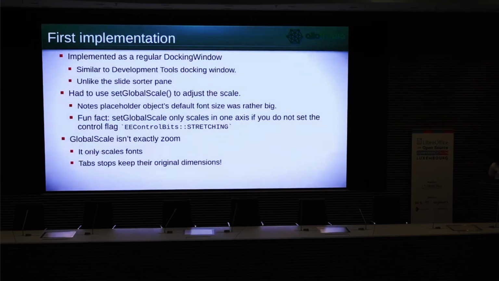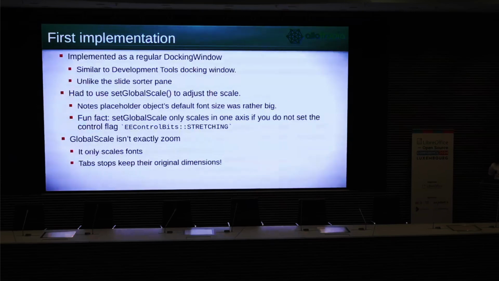But there's a huge problem with setting global scale on the edit engine instance. It isn't exactly zoomed, so it doesn't actually change how dimensions are treated, like how measurement units are treated or anything like that. It only scales fonts.